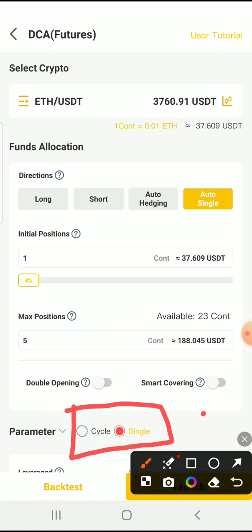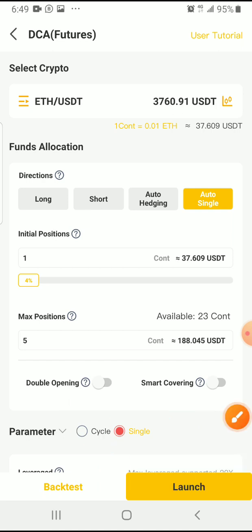We want the trade to be a continuous one, so we choose cycle instead of single. By default, it is on single these days, but we choose cycle. Then you concentrate on your initial position and max positions.